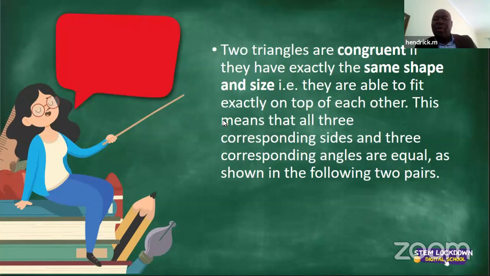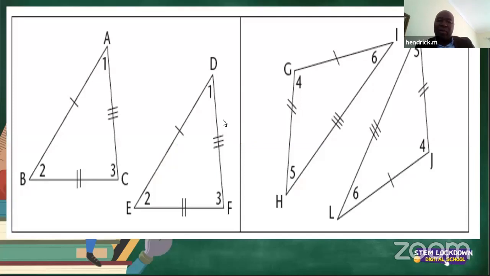Now, you must be able to see again that the corresponding sides must be equal as well as the corresponding angles. And of course, this is an example that we have. If you look at the following pairs of triangles, we have a triangle ABC as well as triangle DEF.